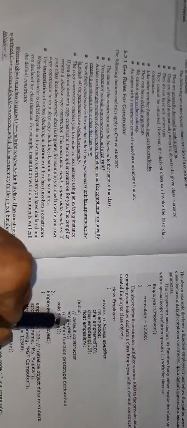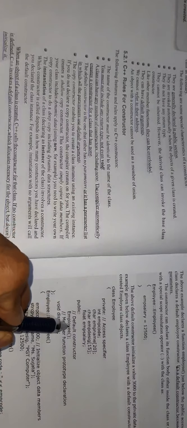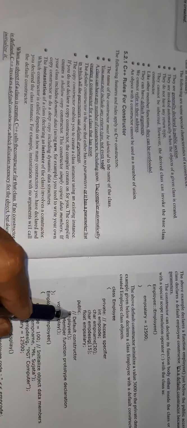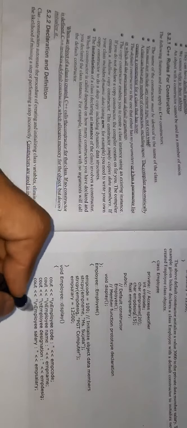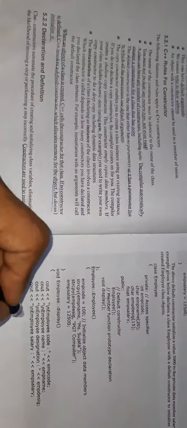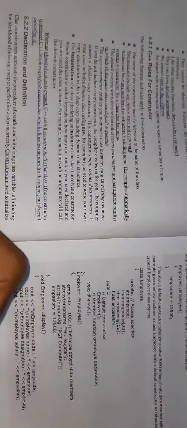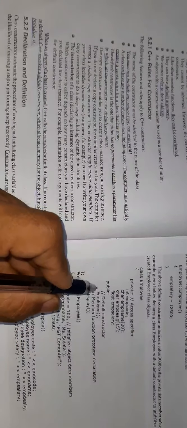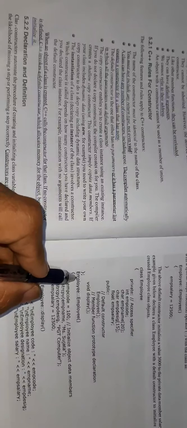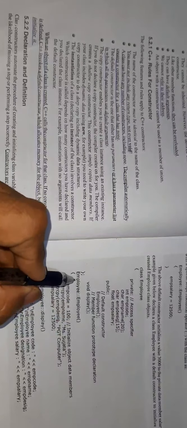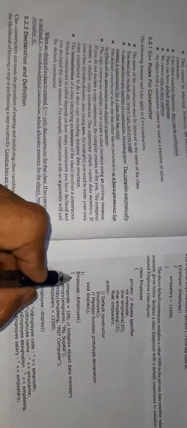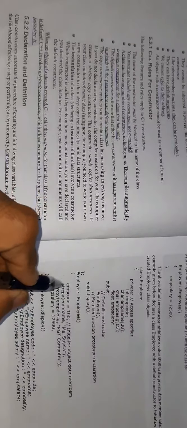Even if you do not write down this constructor name and this constructor body, it will be called as soon as the object gets declared. When the object gets declared, the default constructor will be called even if it is not written, and then the default constructor body will be executed without any return type and without any return statement.